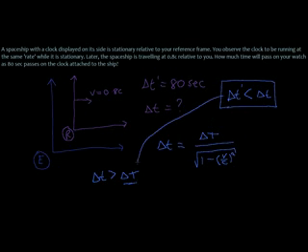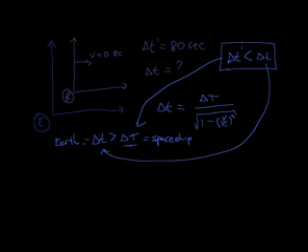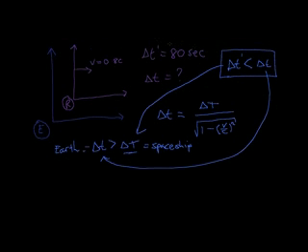So this delta T prime is the time according to the spaceship, while this delta T is your reference frame, say Earth. So we know that the value recorded on Earth, our delta T, must be greater than the time recorded on the spaceship, and so we should get a value which agrees with that.